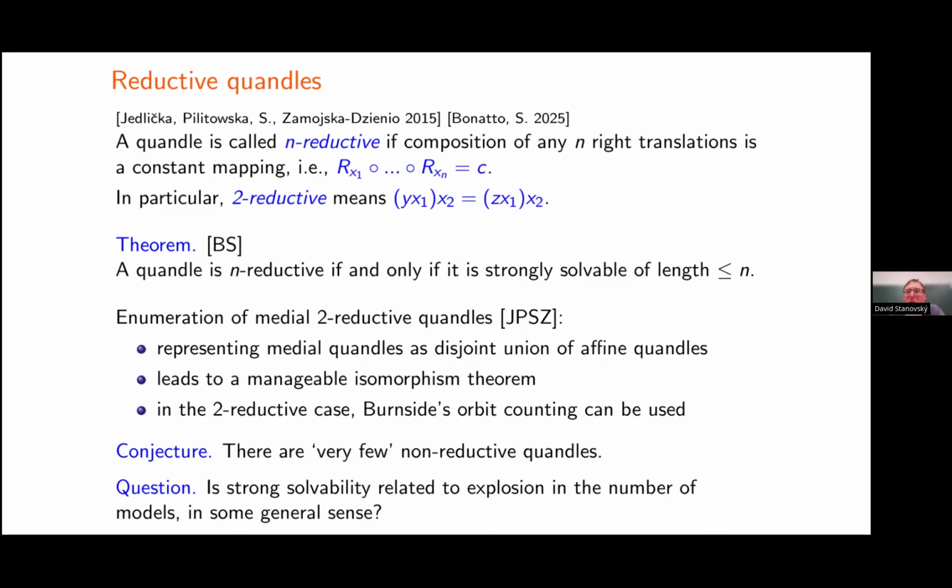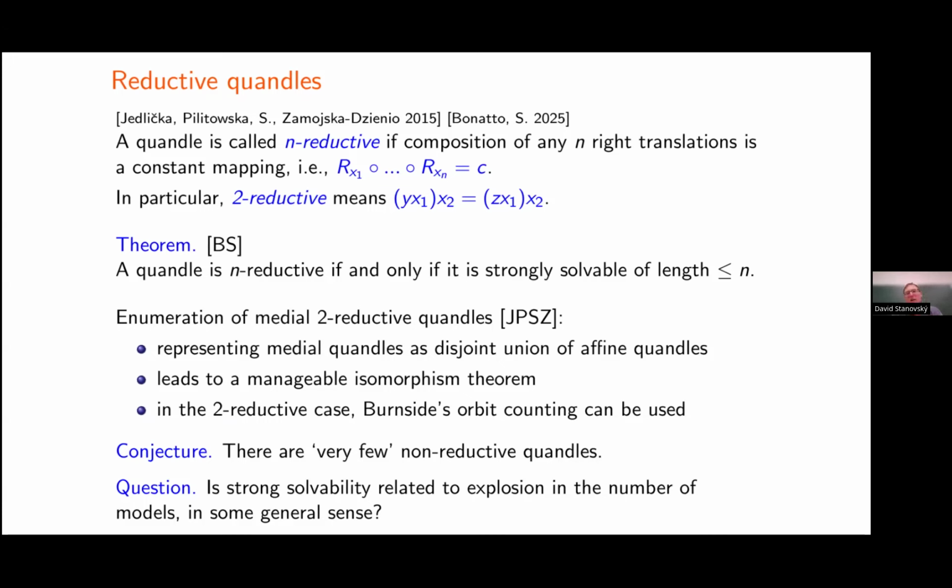For enumeration, we can use the results that we obtained about 10 years ago with Jedlička, Pilitowska, and Zamojska-Dzienio. There is a relatively efficient way to handle these medial quandles. It's even more efficient in the two-reductive case. We can turn an isomorphism problem for medial quandles into Burnside orbit counting, and that's how we got the big numbers on the previous slide.